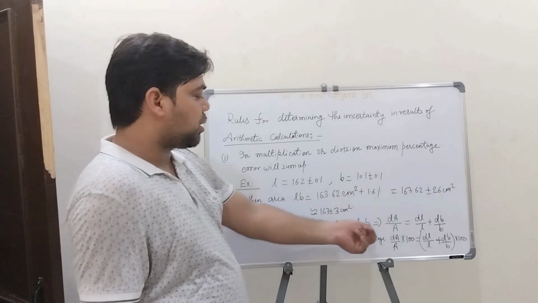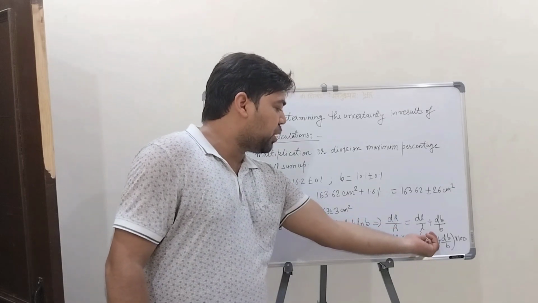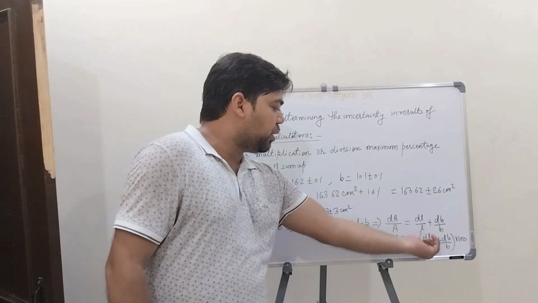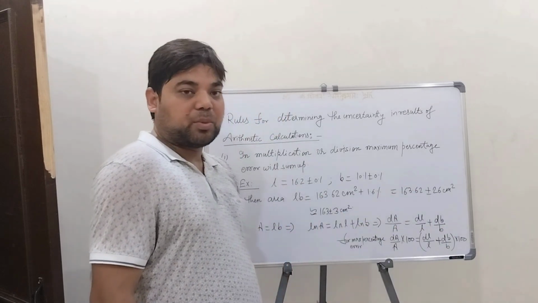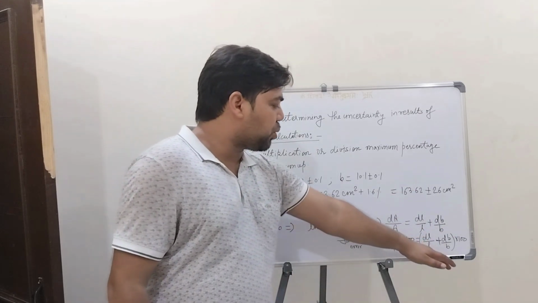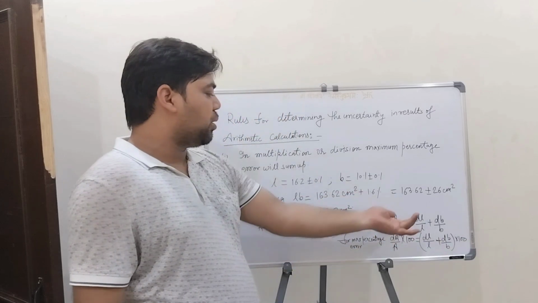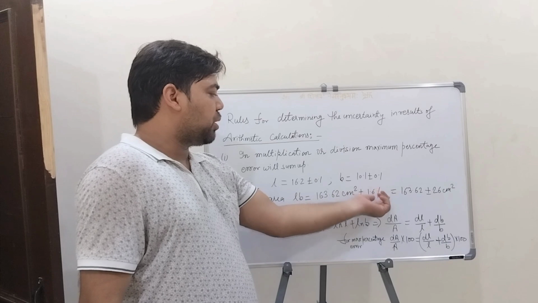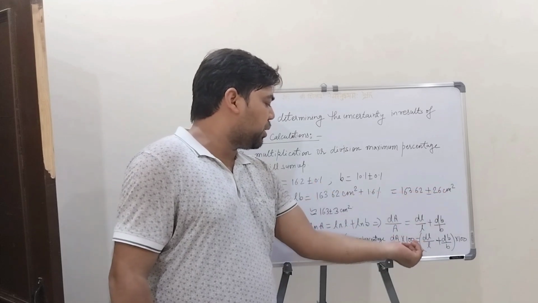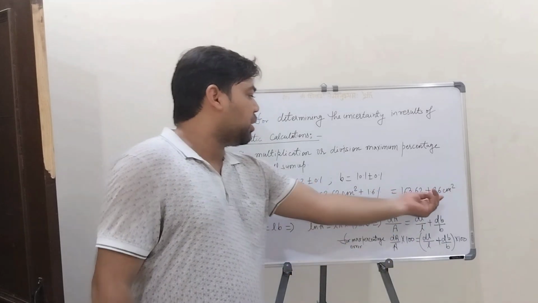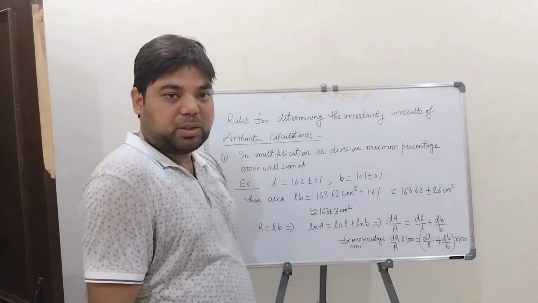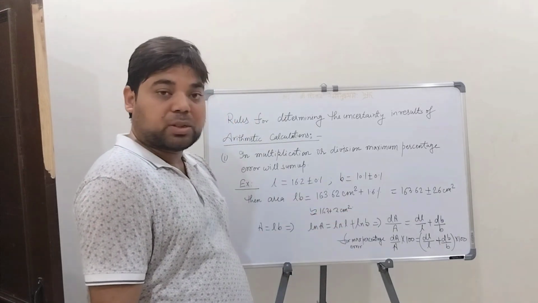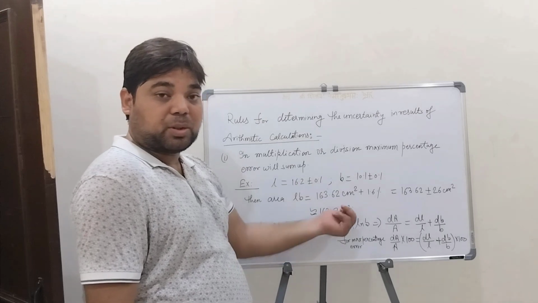Here dL represents the least count of the measurement for the length, and dB represents the least count for the measurement of breadth, divided by the total length and total width measured. You will simply get this percentage error as 1.6, and when you multiply with A, you get 2.6 centimeters square as the error, which on rounding off is 163 plus minus 3 centimeters square.